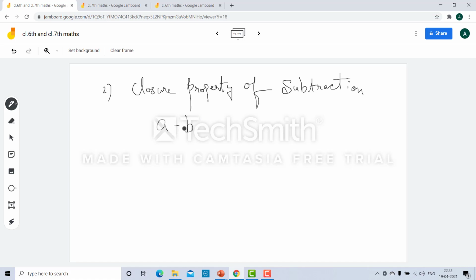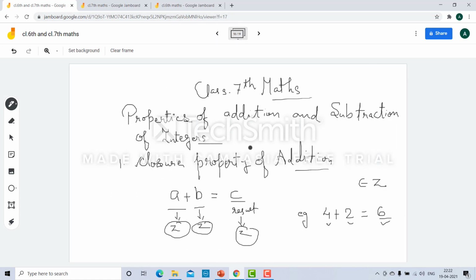When A and B are subtracted, the result C will also be an integer. When two integers get subtracted from each other, the result that we get is also an integer. So, integers are closed under subtraction and integers are closed under addition. This is what we say.